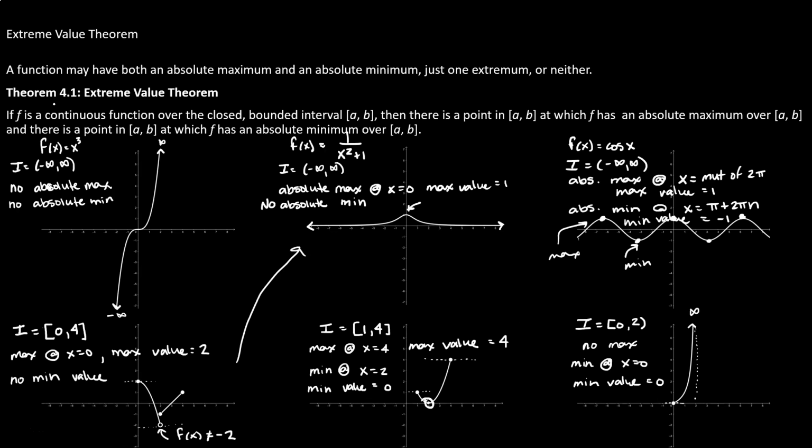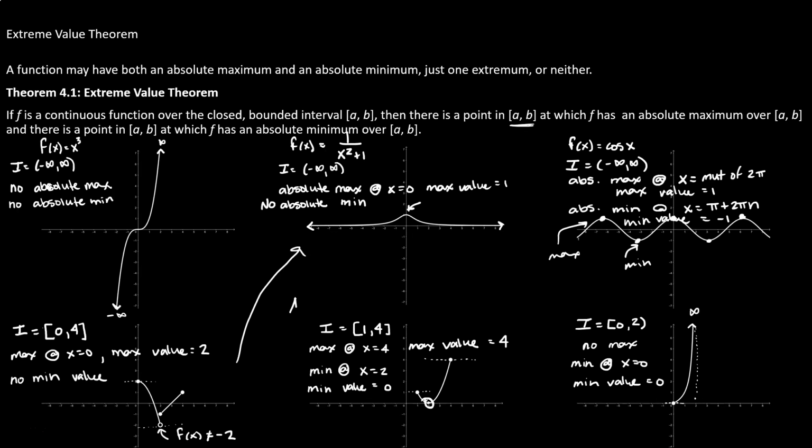Theorem 4.1 from this section is called the extreme value theorem. It basically says that for a function f, let's assume we're talking about a continuous function over a closed bounded interval. This theorem says that there has to be a point on that closed interval where f has an absolute maximum and an absolute minimum.